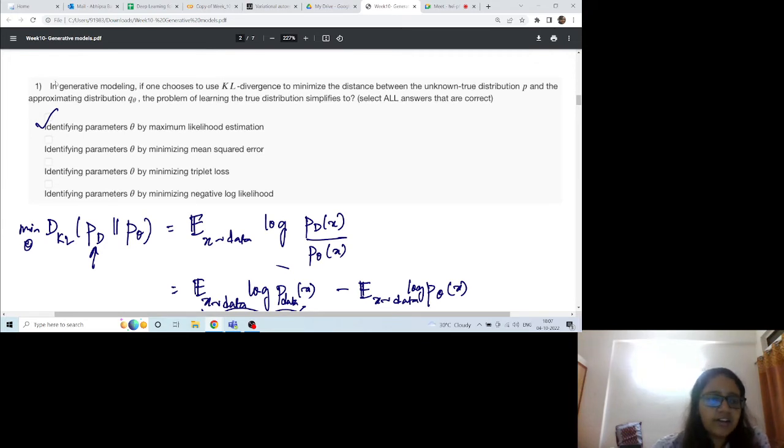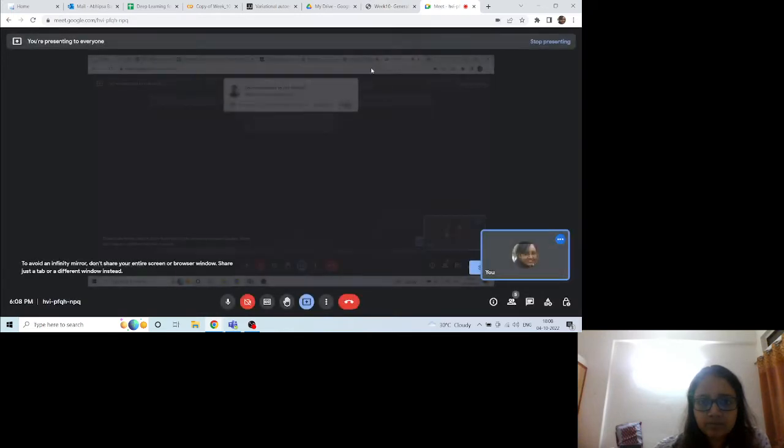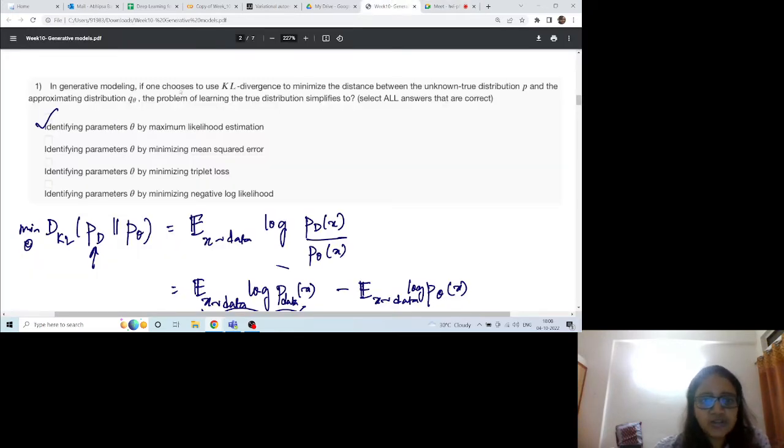The question is: in generative modeling, if one chooses to use KL divergence to minimize the distance between the unknown true distribution p and the approximating distribution q theta, where the true distribution in this question is denoted as p, which is unknown as written here, and the approximate one which we are trying to learn is given by this q theta, which is parameterized by theta, now the problem of learning the true distribution simplifies to what? And these are the options.